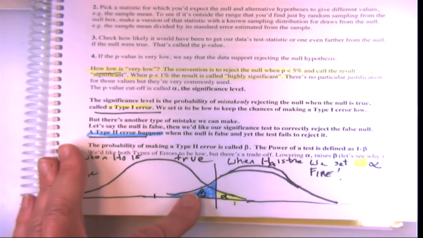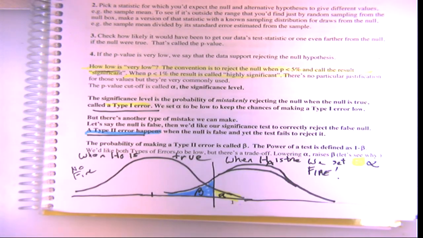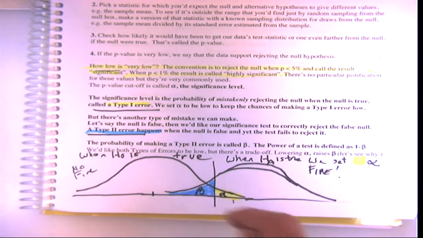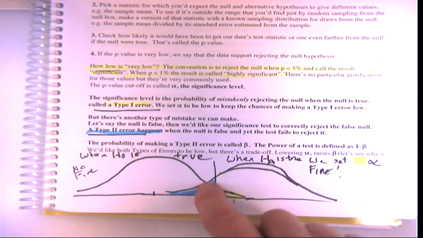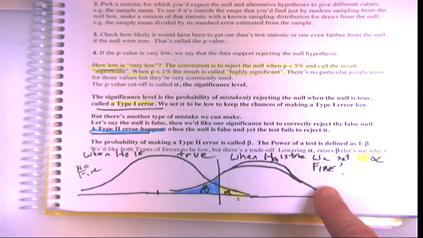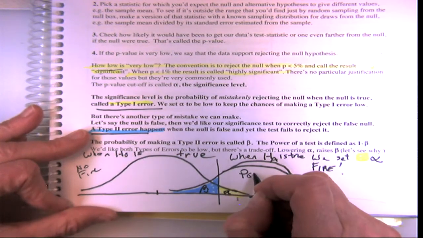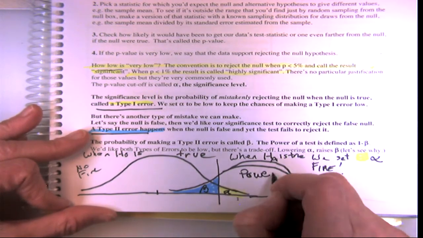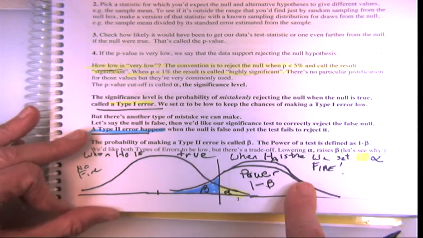The power of a test is the power to detect a difference when it's really there, right? You want really strong power in this case. The whole curve is 100%, we'll call it 1 or 100%. So the power to detect a difference when it really exists is 1 minus beta. So this would be the power.